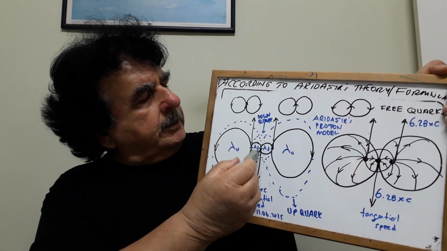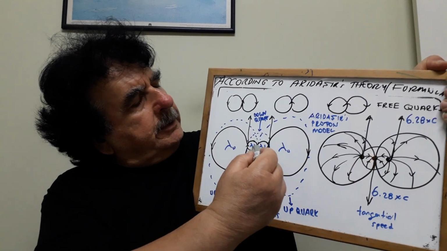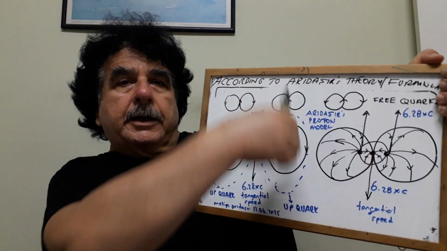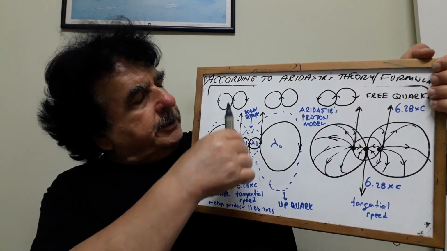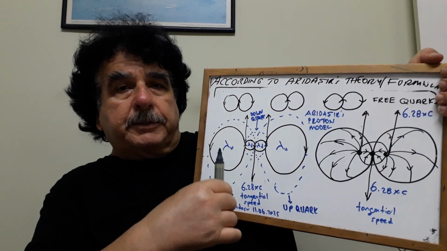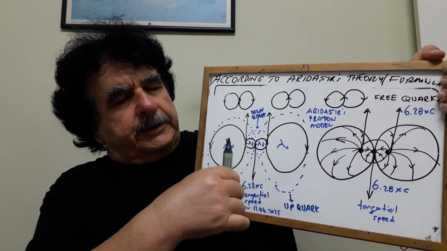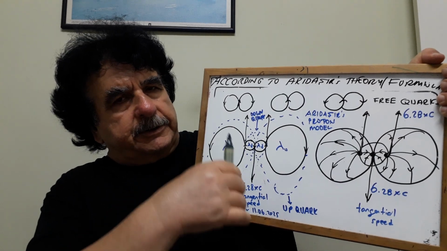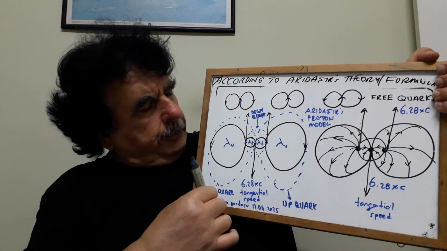Down side, down quark, in the middle, and right side, again, up quark. Together, they connect with each other and cycle at a tangential speed 6.28 times greater than the speed of light. Cycling is going on. This is a proton.